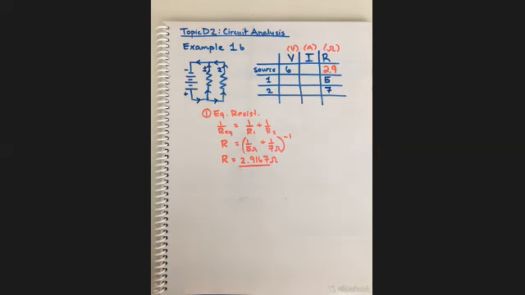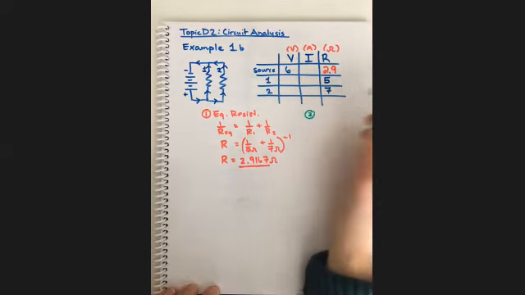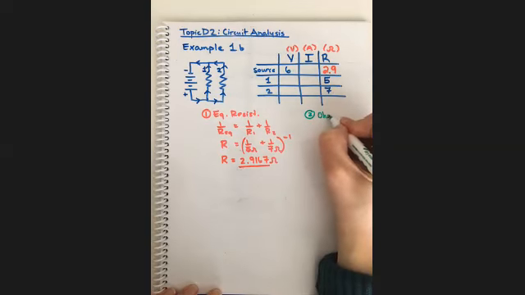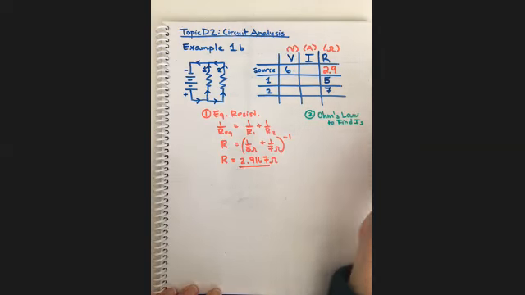So the second step, once again, is to work horizontally. Our second step is Ohm's law to find I source.